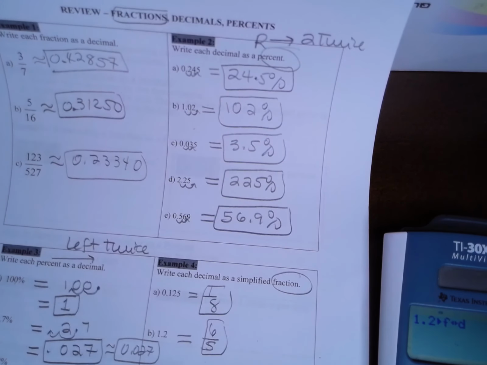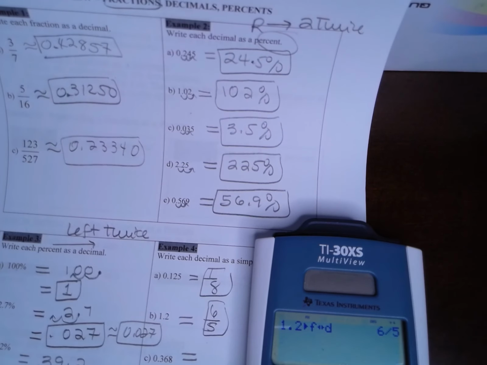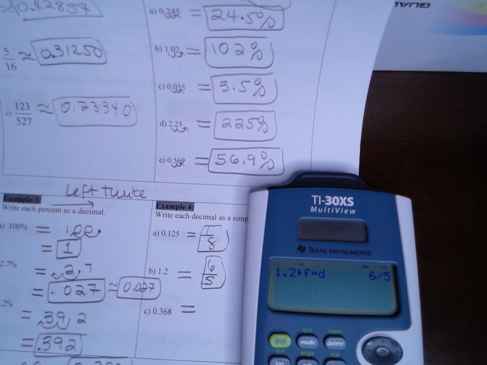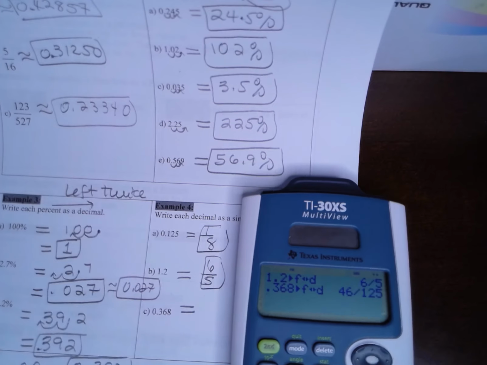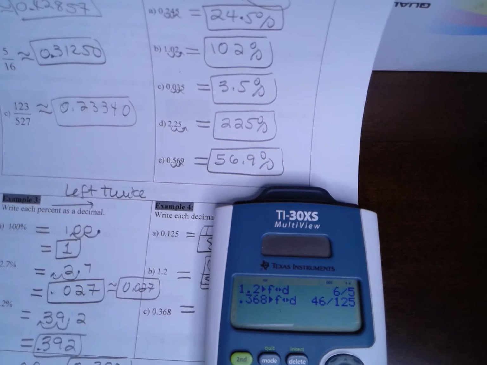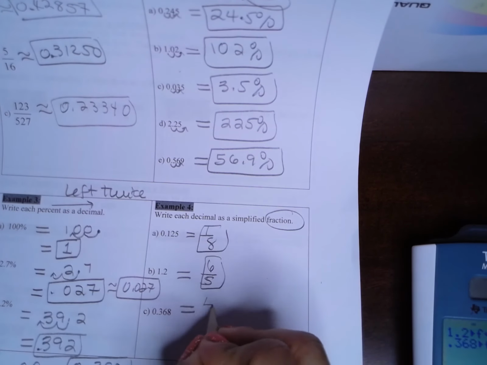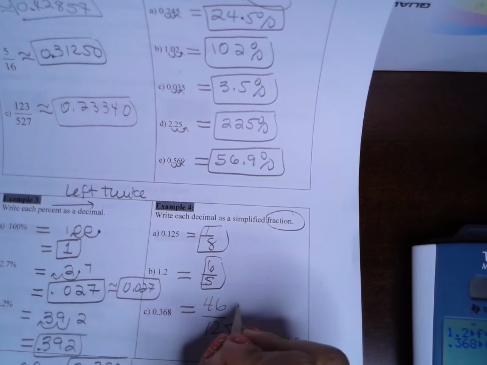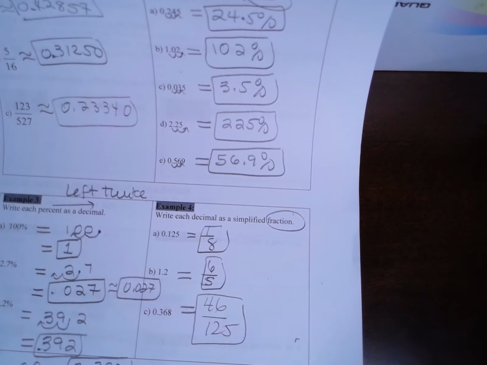Okay, the next one, 0.368. We press the second key, fraction to decimal, enter, and this is 46 over 125. So you do not have to worry about fractions anymore.